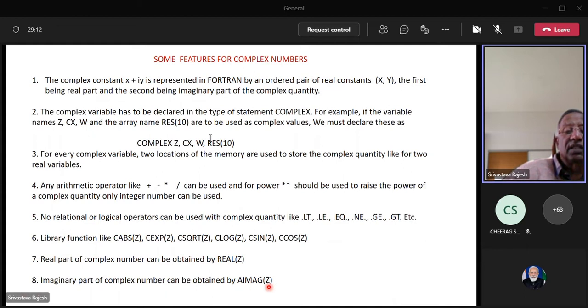If you want to extract the imaginary part from a complex quantity, then you write AIMAG in the bracket, the imaginary part of this quantity. This is purposely done because with I, it starts with the integer type, so A has been put. So remember, if I write IMAG, it's not going to take.